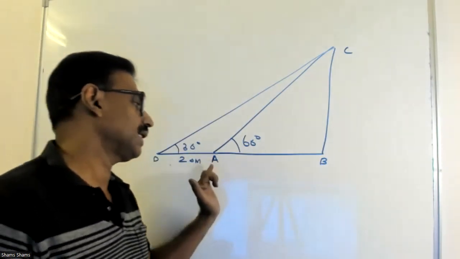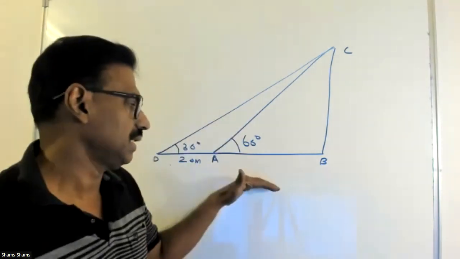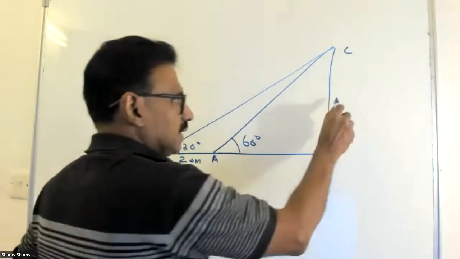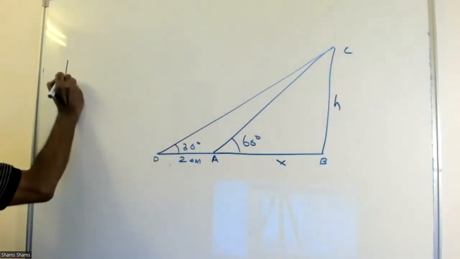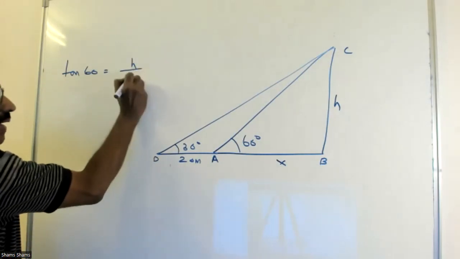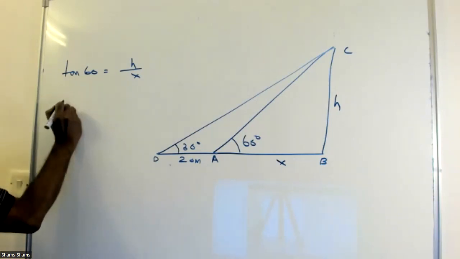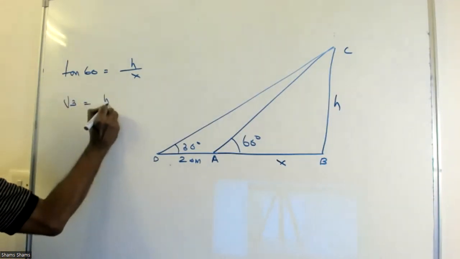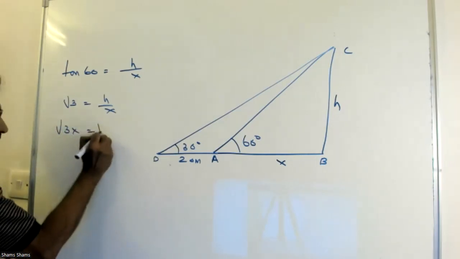First, the person at A. The angle of elevation is 60 degrees. We assume this is H, and here is X. First of all, tan 60 equals H by X. Then root 3 equals H by X, so root 3 X equals H. This is equation 1.